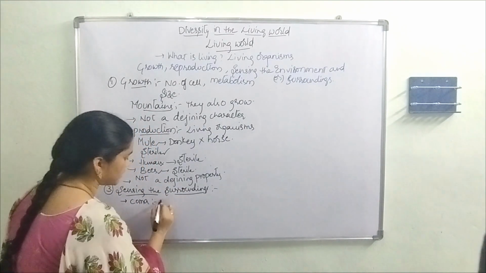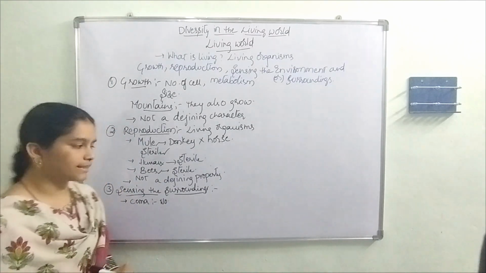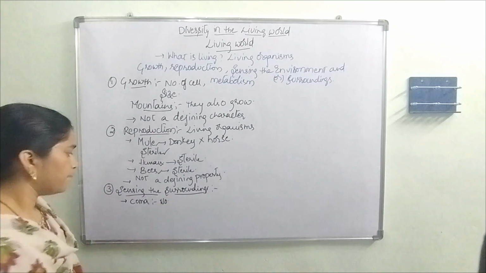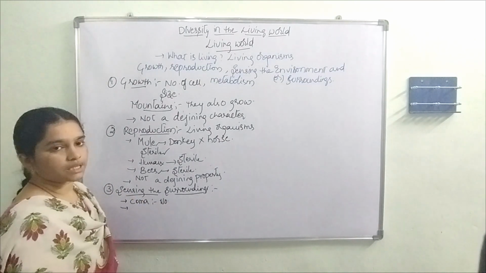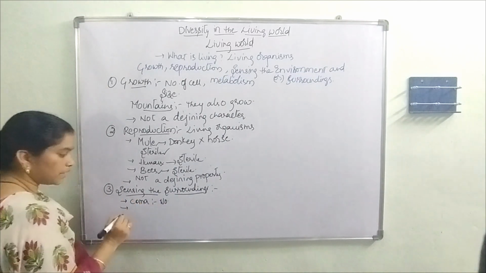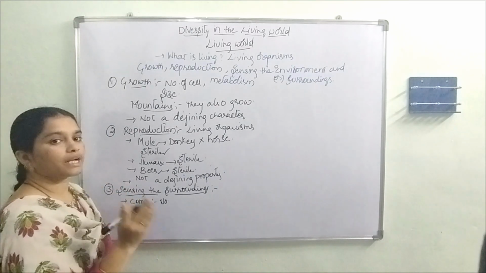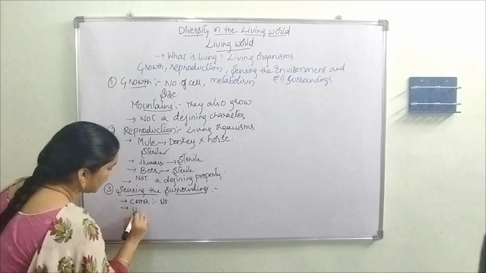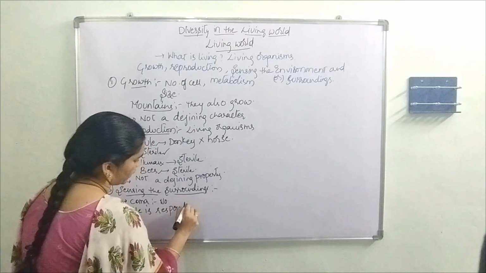No. The answer is no. But how does it make the defining character of the consciousness? Let's see. A person in coma is given injections and treatment. Here, a person who is in coma, he responds to the chemicals which are given into his body. So he is responding.